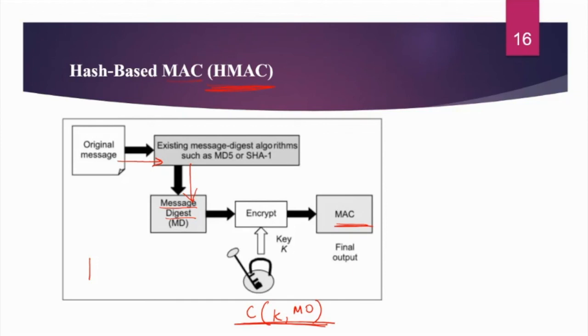So this is called hash based MAC. Definitely it is faster than MAC, because you have a little less data to work on. In that case, you can achieve the advantages of both hashing as well as message authentication code. So these are a few techniques to achieve message authentication.